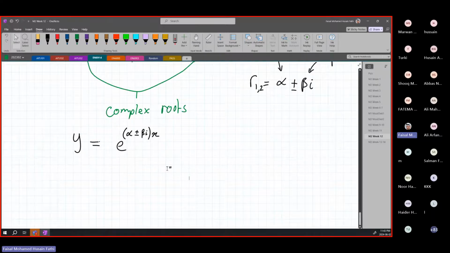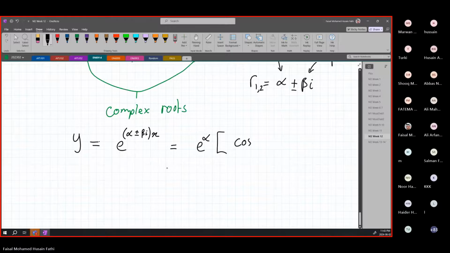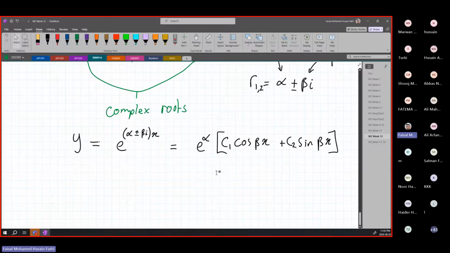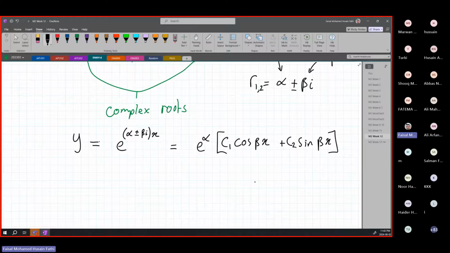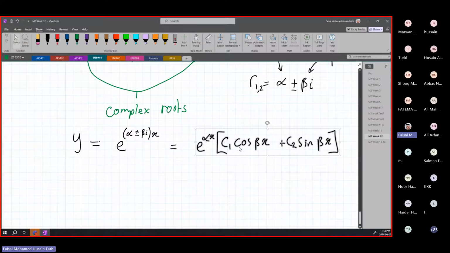You're going to see in the future how this becomes e to the power of alpha times the complex parts turn into cosine of beta x plus sine of beta x. And of course, we're going to have our constants C1 and C2 for each of these terms. And there's going to be an x here. This is alpha x. So this is going to be your general form.